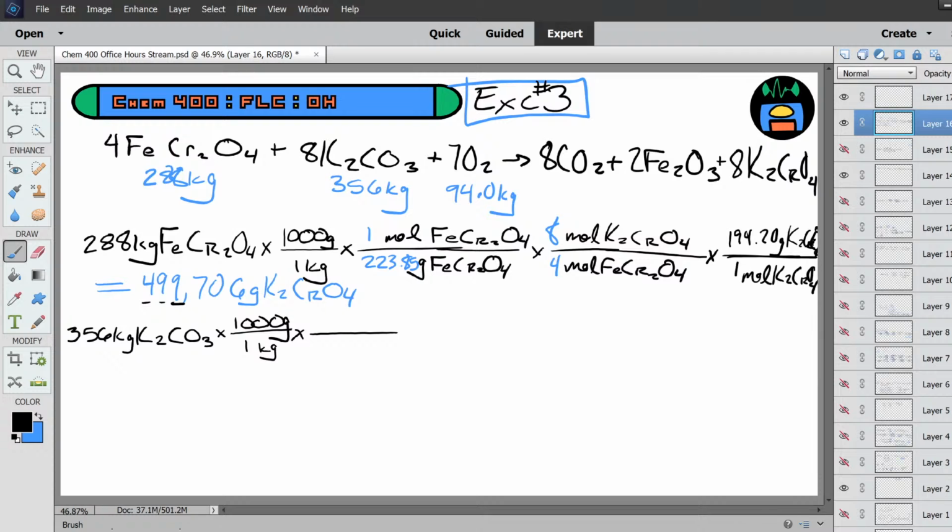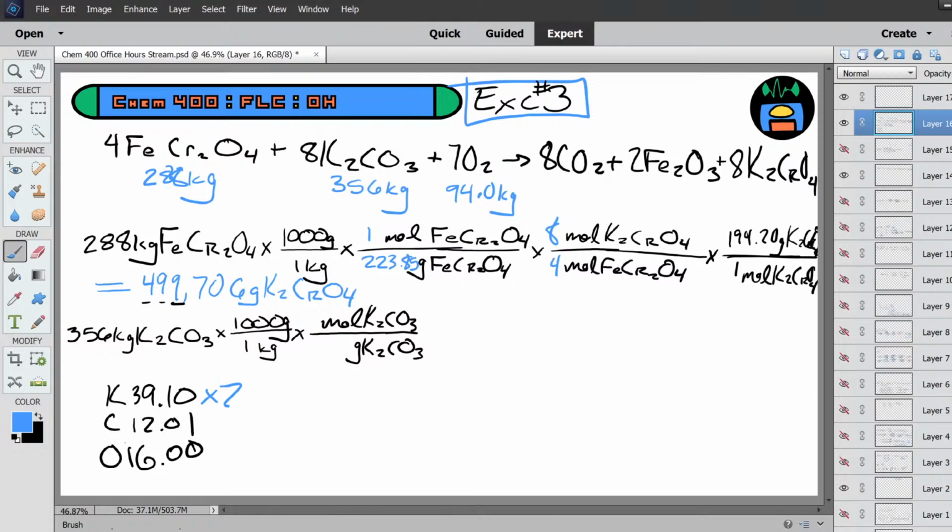Next, we convert from grams of potassium carbonate to moles. Potassium is 39.1, carbon 12.01, oxygen 16.